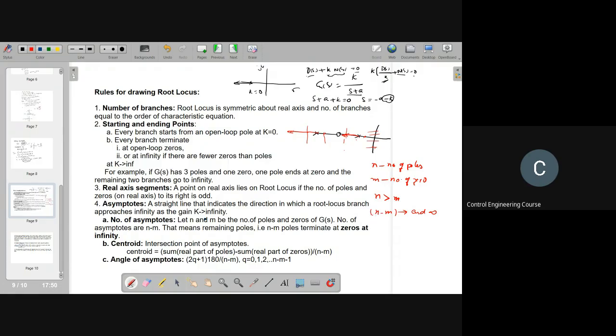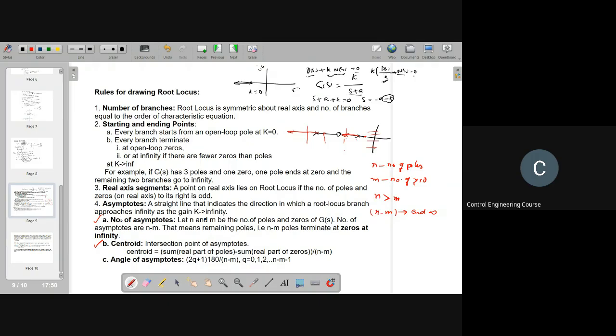So basically, to know the asymptotes, we need three things. One is the number of asymptotes, which is n minus m. Then the centroid. Centroid means the intersection of all the asymptotes on the real axis.